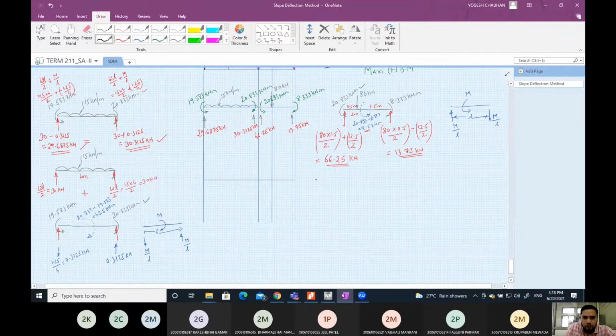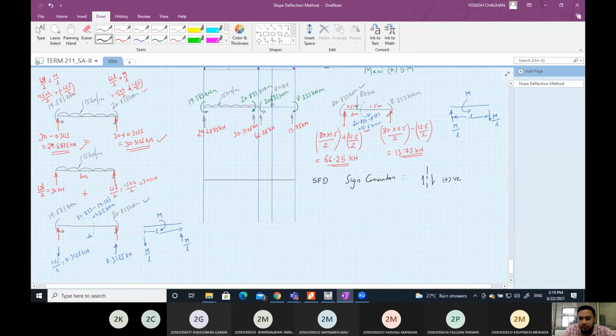Now to draw the shear force diagram, our sign convention will be clockwise shear as positive.